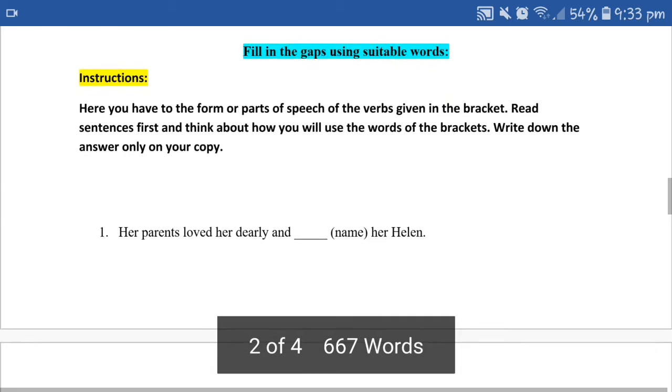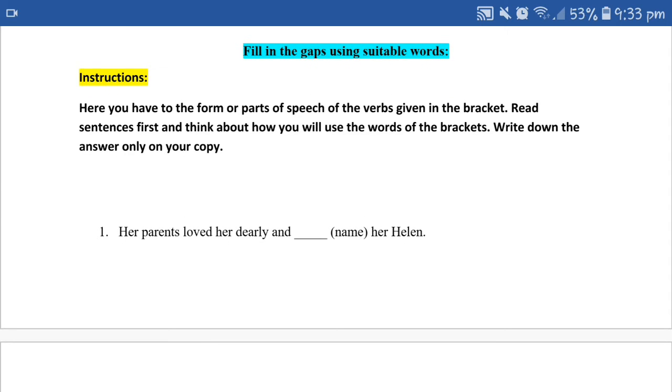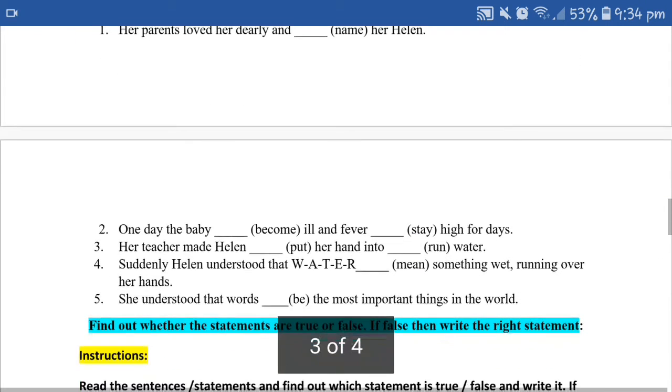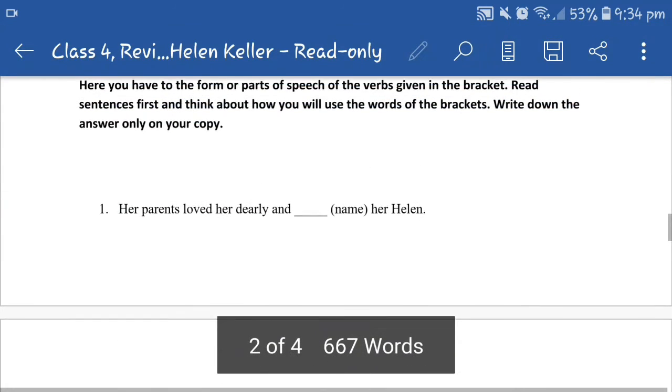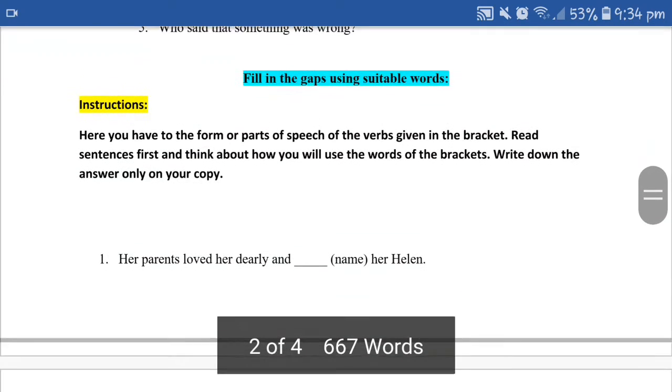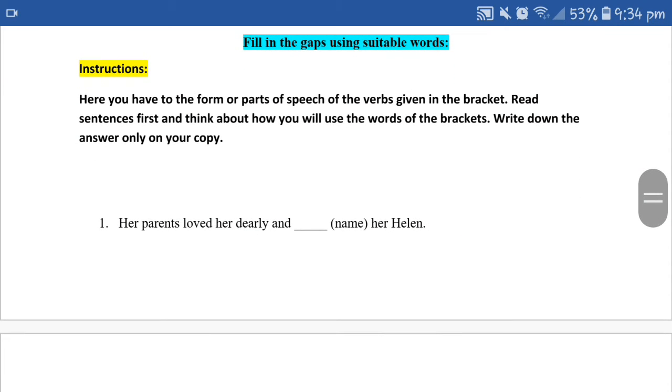About fill in the blanks, we have to tell you something. In this fill in the blanks, as you can see, words are already given in the brackets, right? So all you have to do is change the form or parts of speech of the verbs given in the brackets. Read the sentences first and think about how you will use the words of the brackets, and then write down only the answers on your copy.